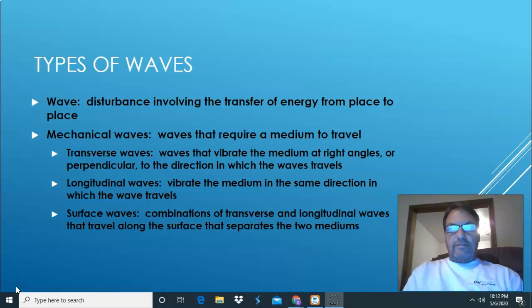In other words, they're going to have to use particles to be able to travel. That means, like in air, the particles are farther apart, and so the waves will travel along those. And then obviously on the other extreme, going through a solid, the particles are very close together, so the waves are going to be able to travel faster through a denser material.